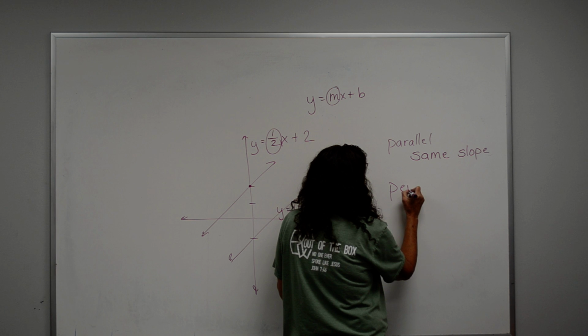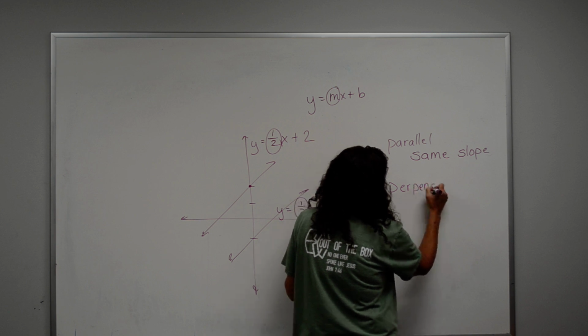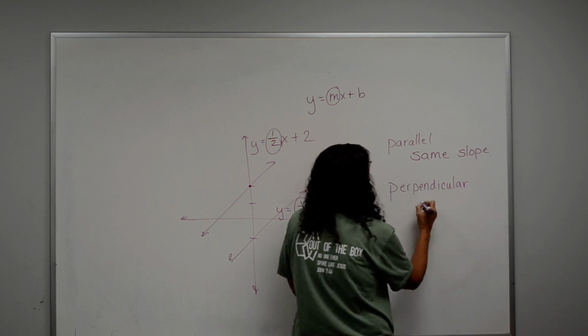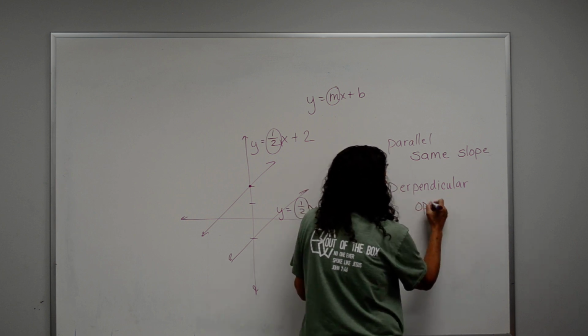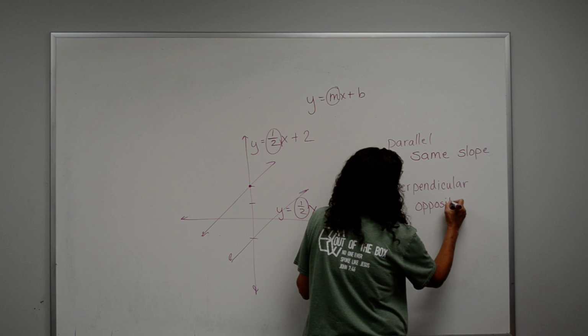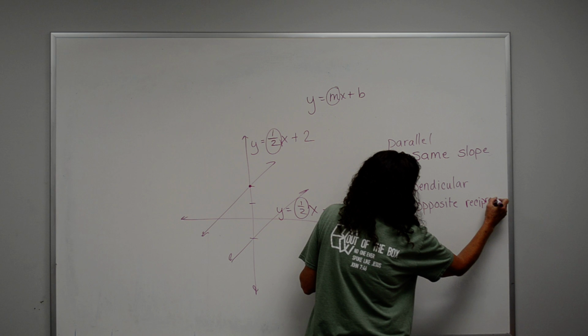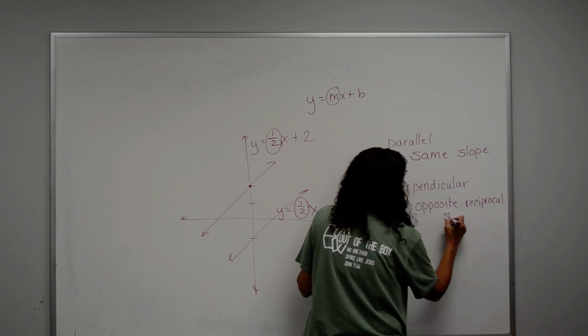Perpendicular lines, you know what a perpendicular line is? It joins at what kind of an angle? Right angle, okay? They have opposite reciprocal slopes.